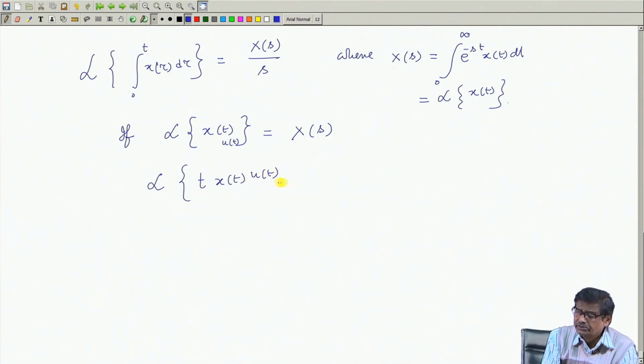You recall t into u(t) is r(t), that ramp function. So, if you multiply a function with a ramp function, what will be its Laplace transform, we want to find out.